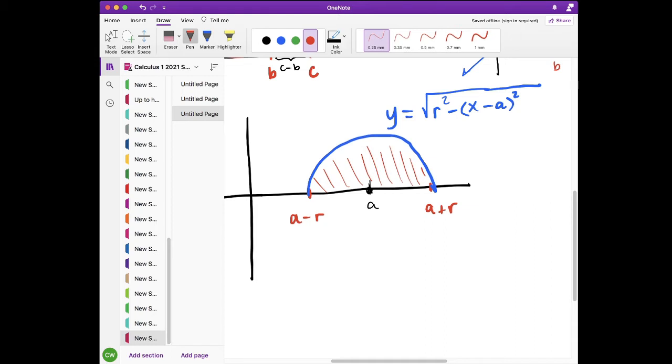Is it the radius? So if this is a here, this would be the radius, right? And this would be the radius. A plus r is this length here. That's a plus r.